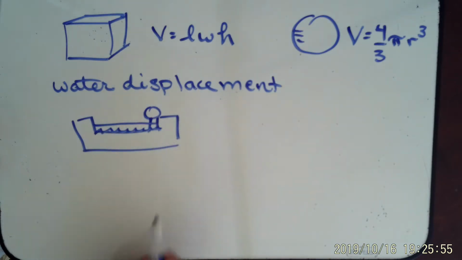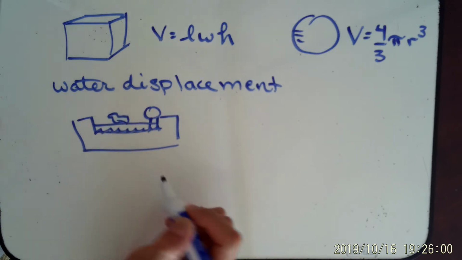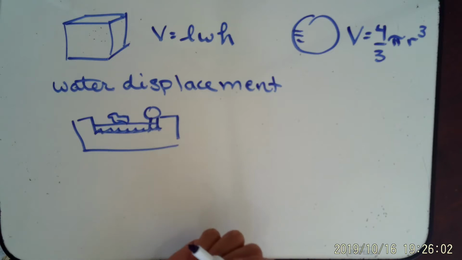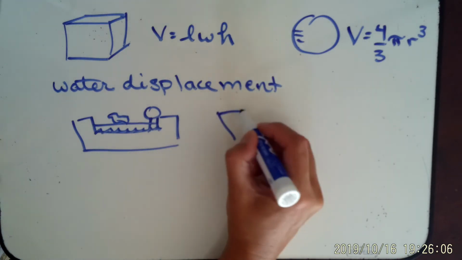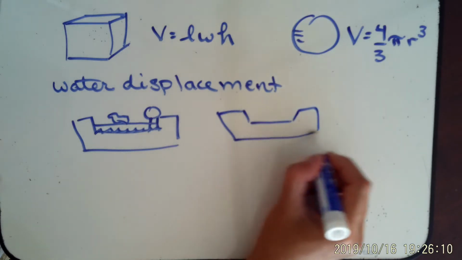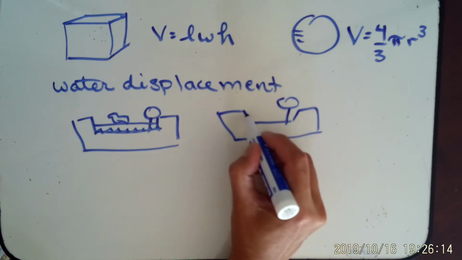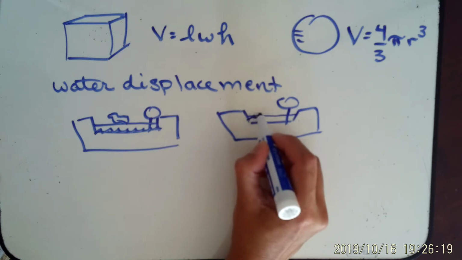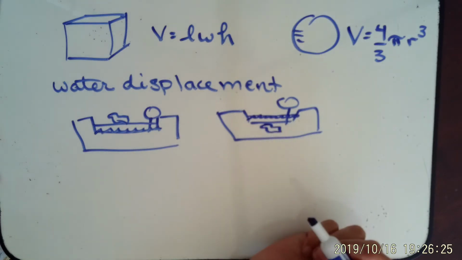Now if you had a little rubber ducky and you don't know the volume of your rubber ducky, then if you submerge it completely underwater, what happens to your water level? Well, it turns out your water level rises because of the volume of your rubber ducky.